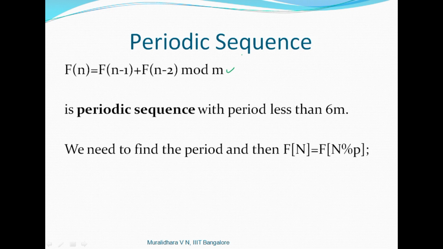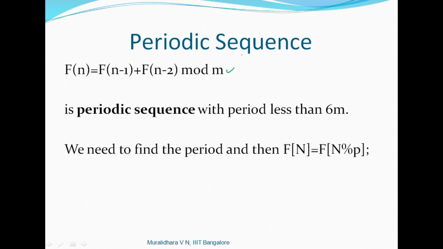In that algorithm I use the variables a, b, c, where a was initially 0, b was 1, and c was a plus b mod m in this case. Then a is updated to b and b is updated to c. Now I check whether a is equal to f of 0 and b is equal to f of 1.